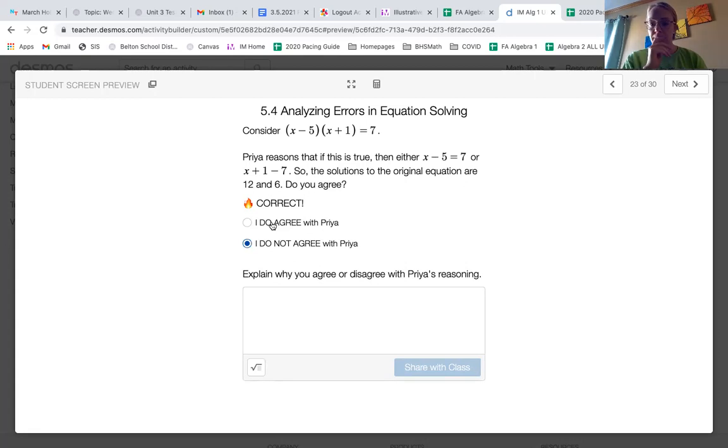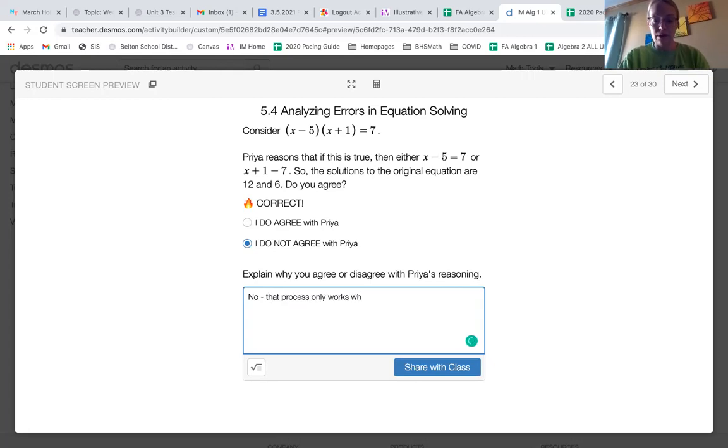You have to have it equal to 0 before you can do that kind of method. If you solved it that way and plugged in your answers when you were done, you would realize that that wasn't it. So again, no. That process only works when it equals 0, which is what we call the zero product property.